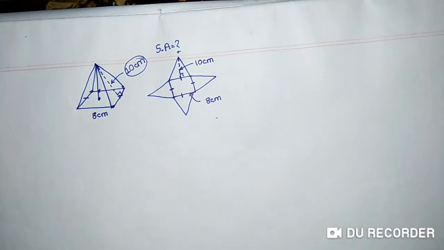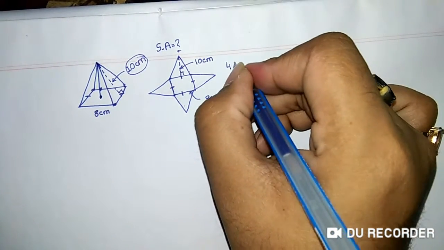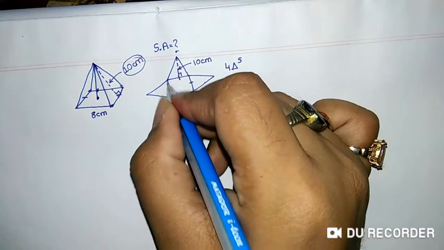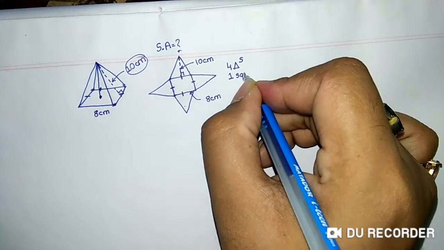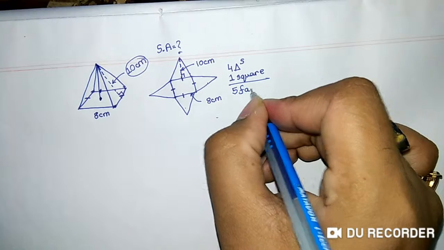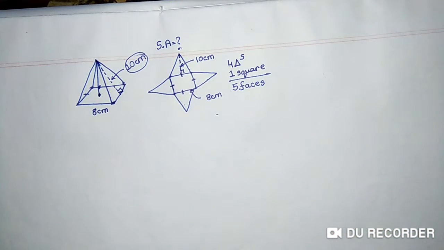Now we have to observe this shape very carefully. As we observe it, we find that we have 4 triangles in the shape. So we can write 4 triangles, and over here we have a square as well, so there is 1 square. In total we have 5 faces for the square pyramid. So how can we find its surface area? Very simple.